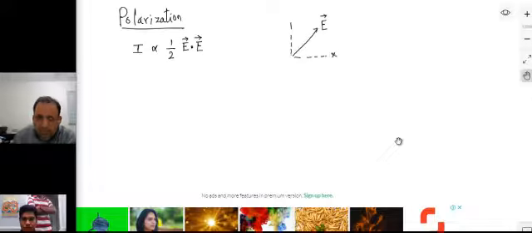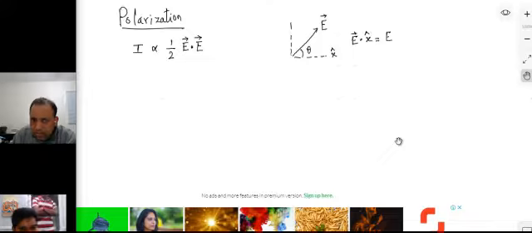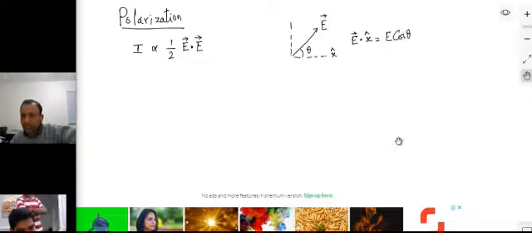If you project this in a direction, let's say this is theta, electric field dotted with X hat is equal to the magnitude of the electric field, which I write without a vector, times cosine theta, correct? That's a simple idea of a vector. Its component picks up that angle.